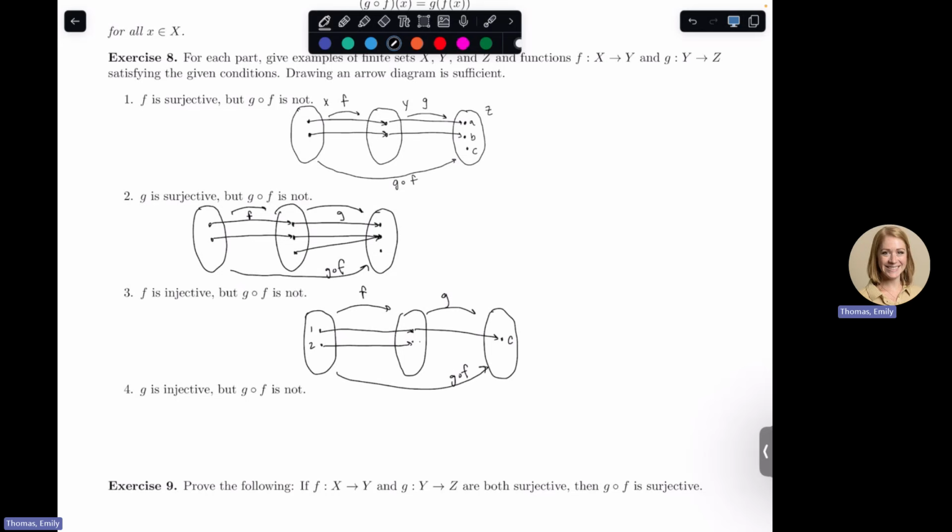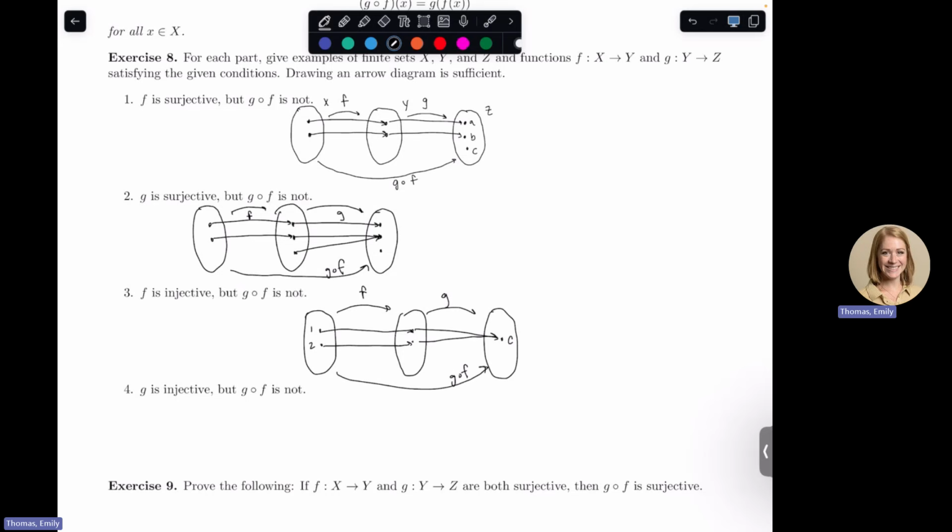Oh, I gotta send this somewhere. My bad. Now they will actually both map to C. So the preimage of C under the big function would be 1 and 2, not just one of them. Yeah? So they were actually different darts, not the same dart. Does that make sense or no?